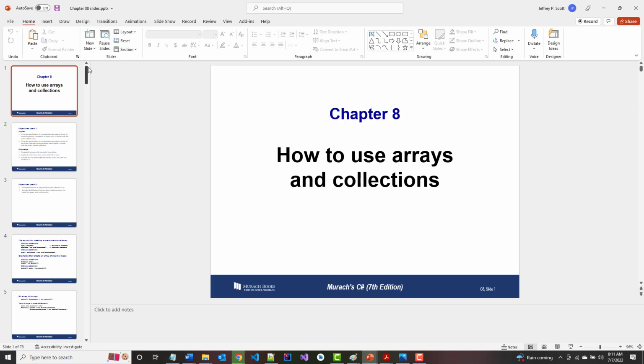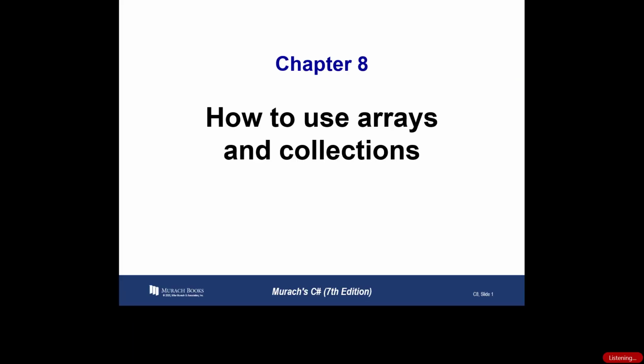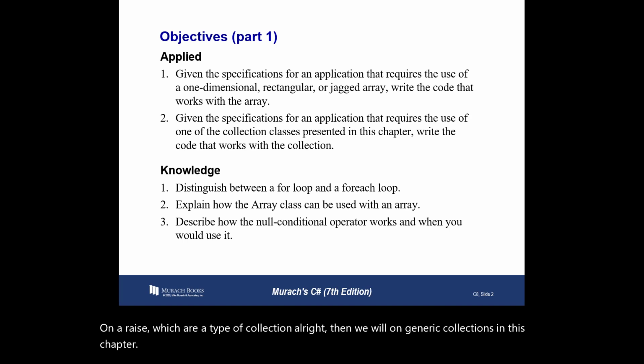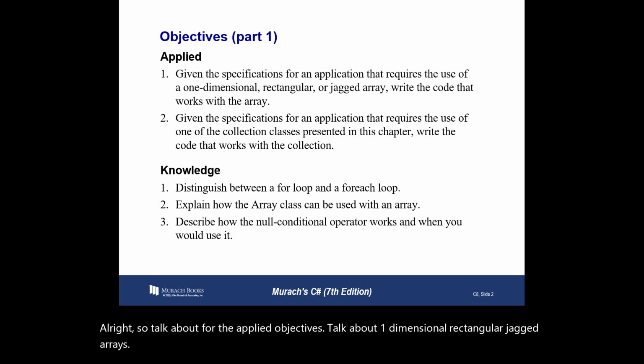Here's our cover page, Chapter 8, How to Use Arrays and Collections. Again, we will concentrate more on arrays, which are a type of collection, than we will on generic collections in this chapter. For the applied objectives, we talk about one-dimensional, rectangular, and jagged arrays, and write code that works with a collection.